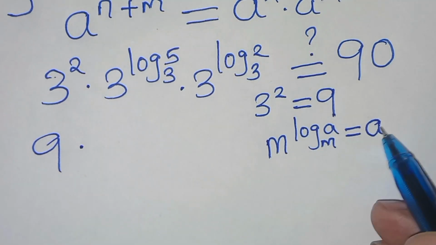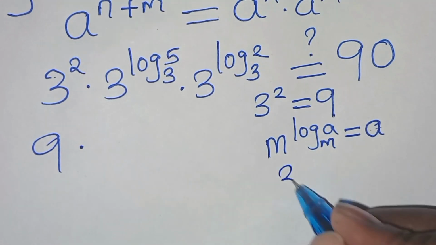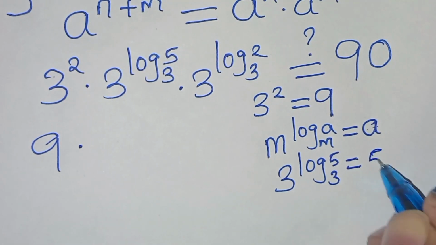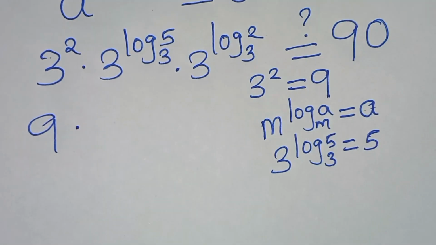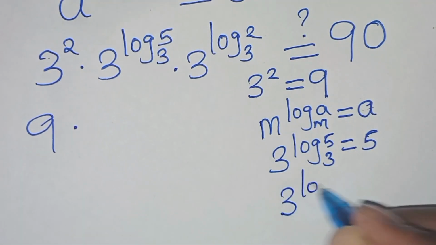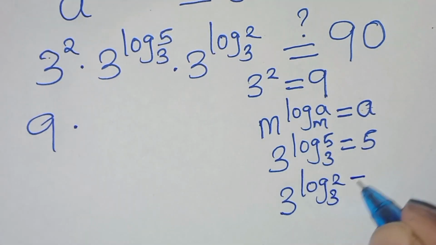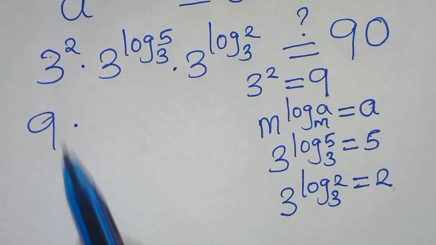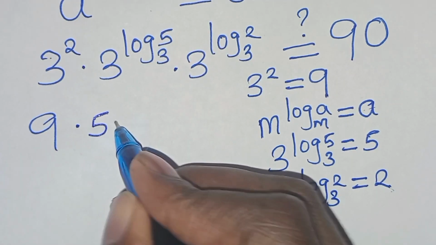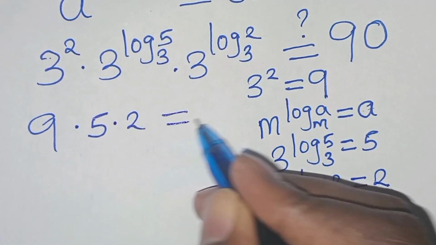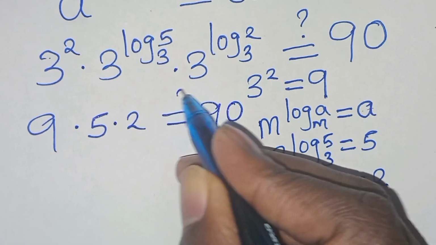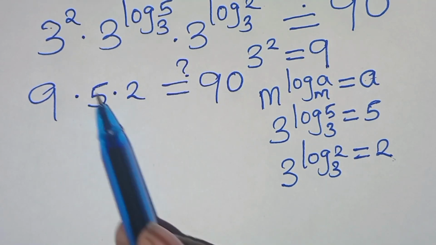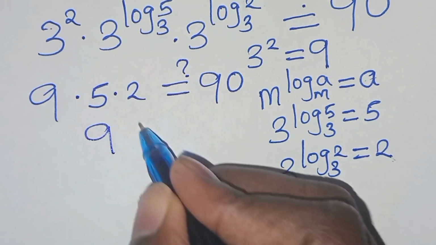Applying this logarithm property, 3 to the power log 5 to base 3 is equal to 5, and 3 to the power log 2 to base 3 is equal to 2. So let's substitute these two values. We have 9 times 5 times 2. So 9 times 5 is 45, times 2, which is actually equal to 90.